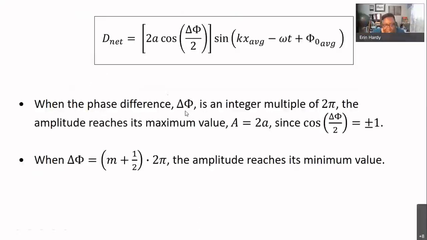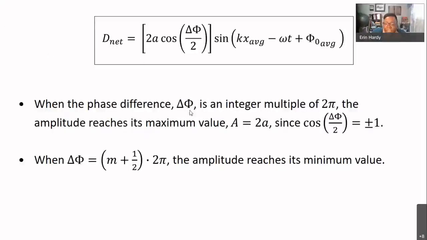We demonstrated a couple of slides earlier that if you took your two loudspeakers and set them so that they were an integer multiple of lambda apart, we would catch the maximum possible combined amplitude.